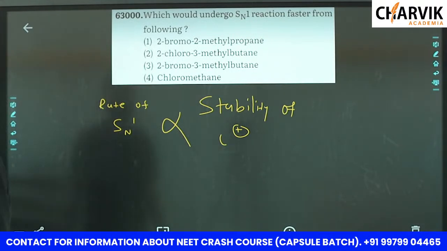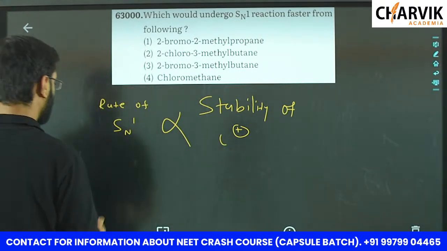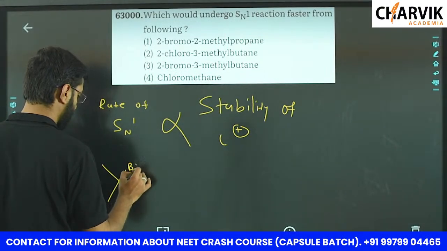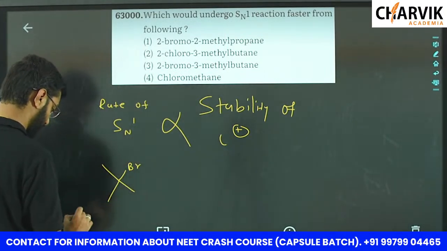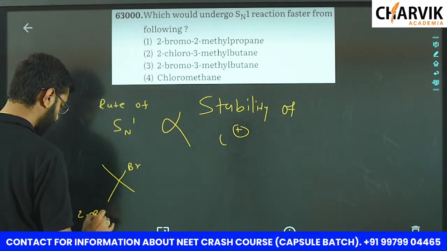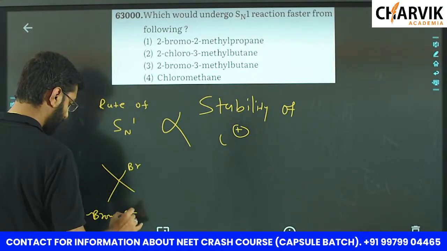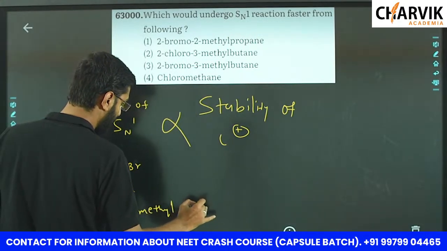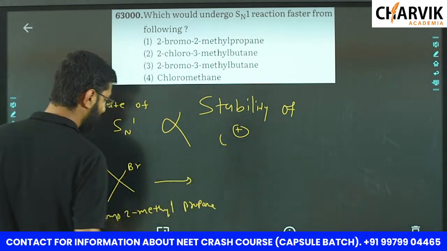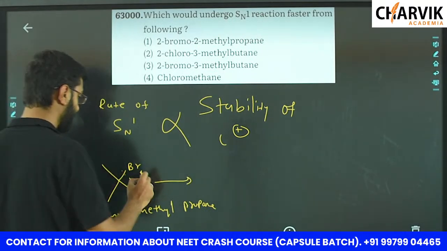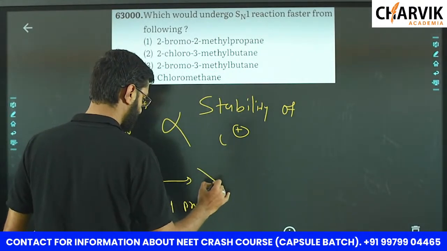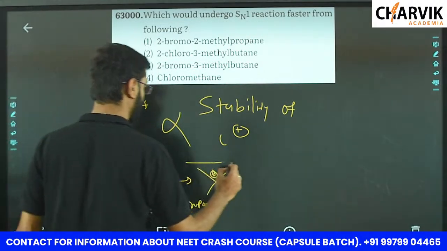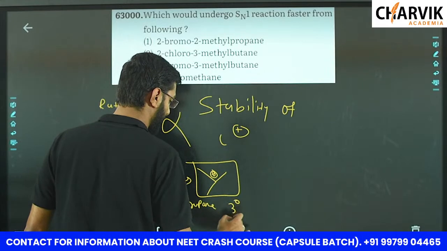Our first option is 2-bromo 2-methylpropane. So here we have a methyl. 2-bromo 2-methylpropane. Right? If Br leaves from here, then you will get this, and this is your favorite tertiary carbocation.